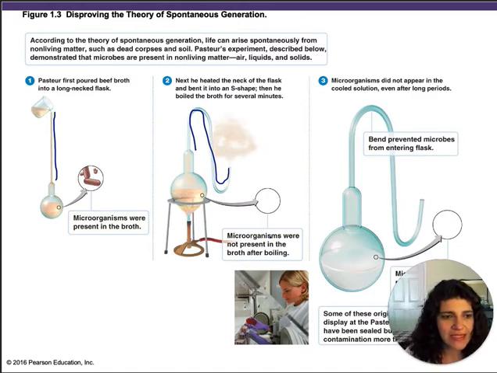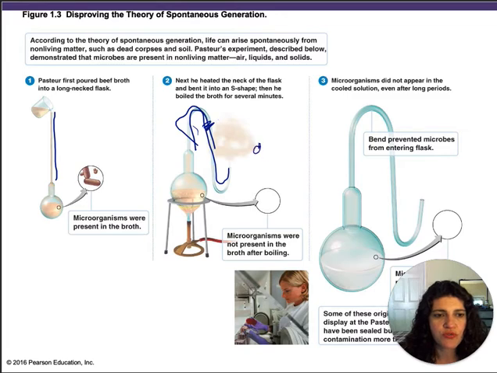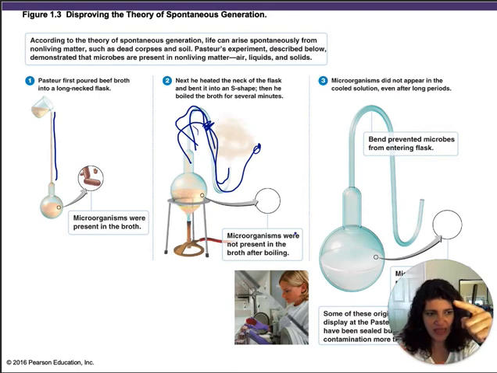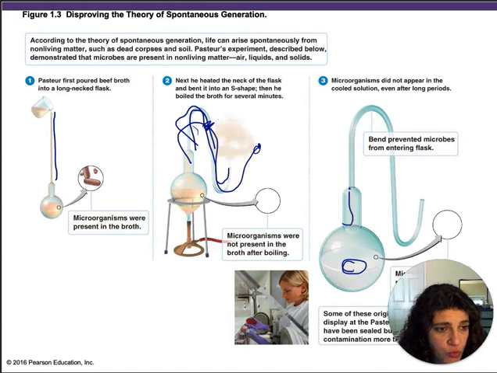When he did that, no microbes grew, because probably this S shape would block microbes from the air from getting into the bottle, okay? But when he tipped the flask and put it back in shape after heating, the broth would be able to travel all the way here and have some contact with the air.